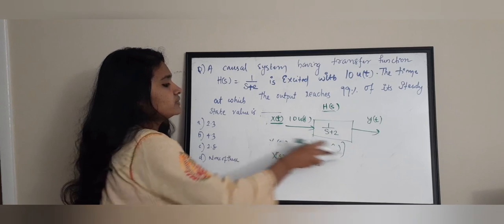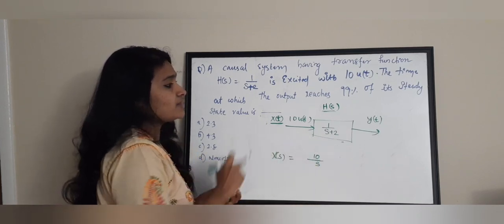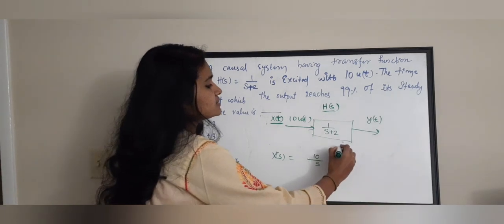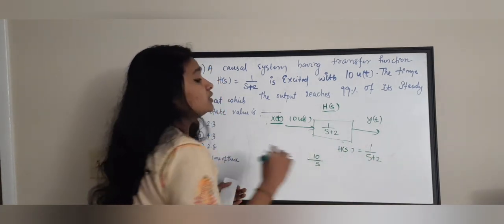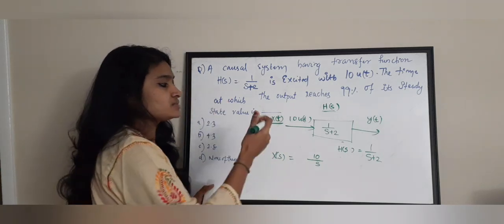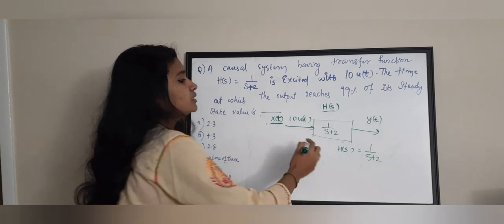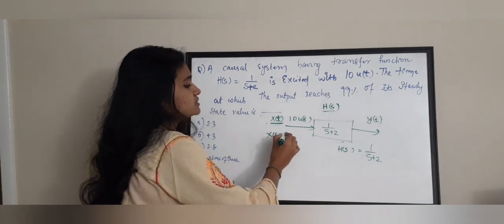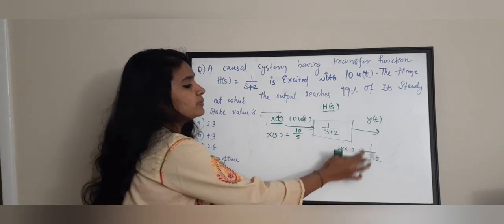Now you have your X(s) is 10 by s. You have your H(s) as 1 by s plus 2. Now what will be your Y(s)? I'll write it above. That is your X(s) is 10 by s and your H(s) is 1 by s plus 2.